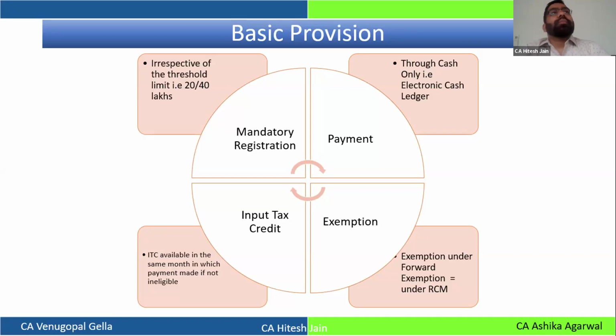Now, coming to the exemption part, some entries have been specifically exempted. If it is specifically exempted for forward charge, that means it is also exempted under reverse charge as well. The input tax credit part: when can we avail the reverse charge ITC?